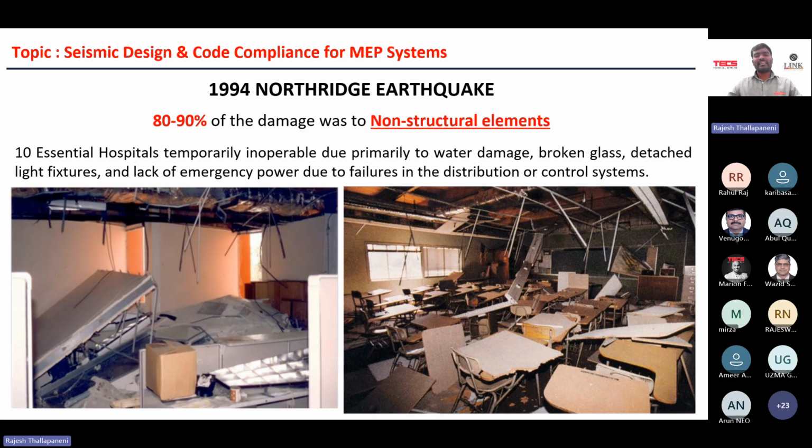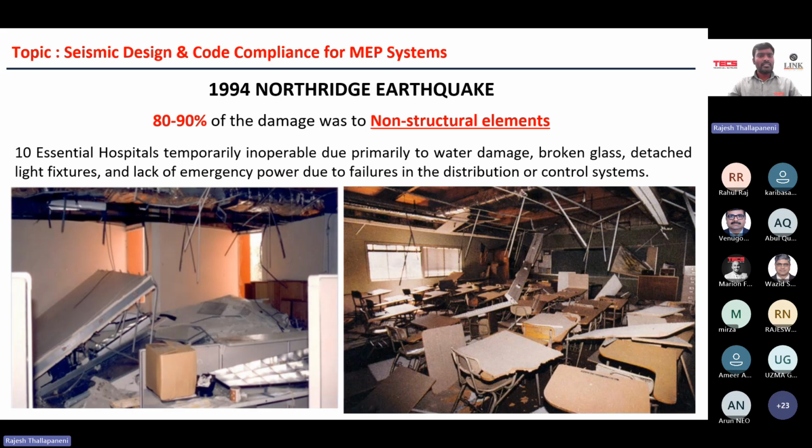Such incidents give us a strong indication, or a guideline, that we must design our structures, especially the secondary structures, for post-earthquake functionality, not just for survival. This is the same thing that needs to be considered.